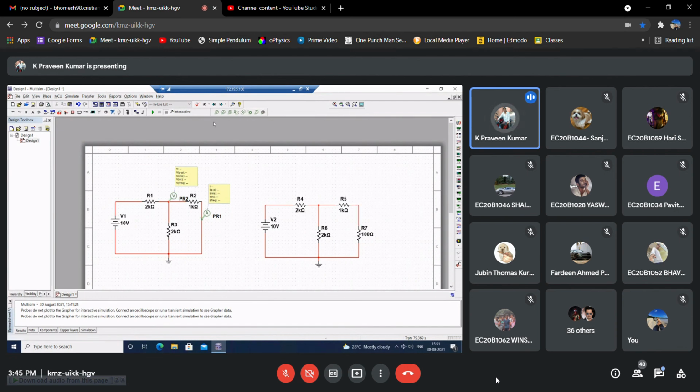Now find out the response, that means the current through this load. So what we got is 2.38 milliamps.